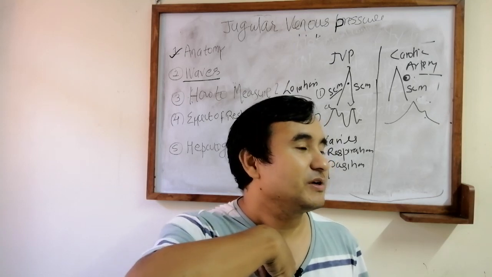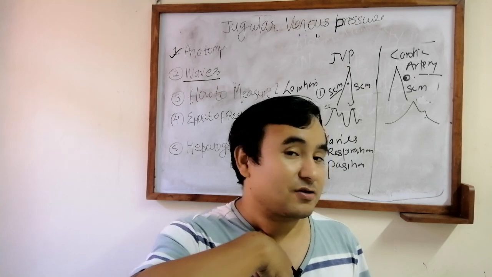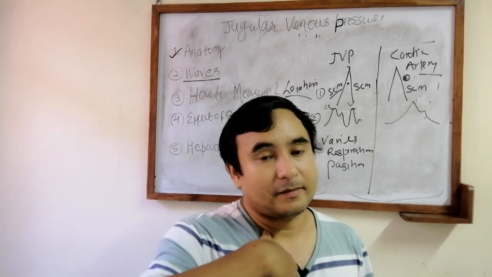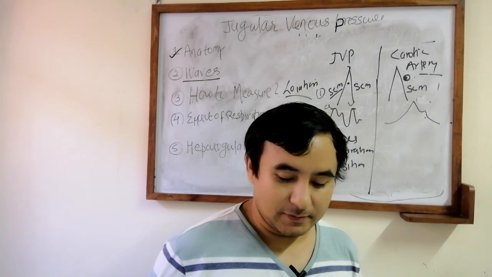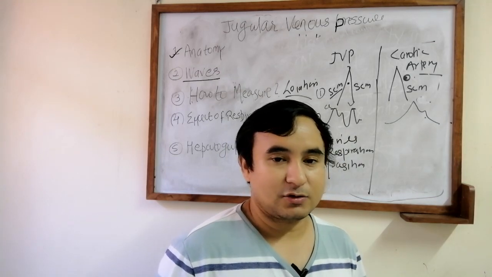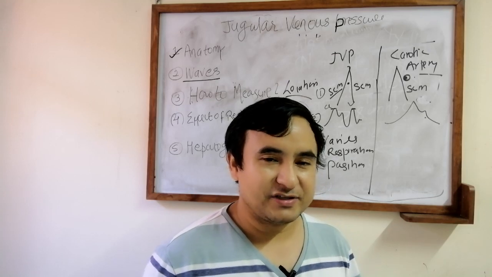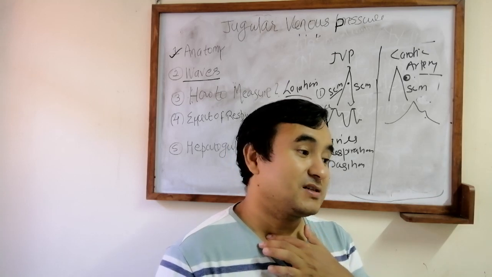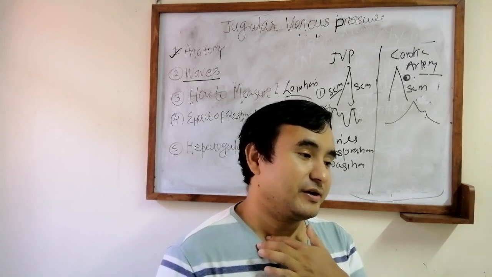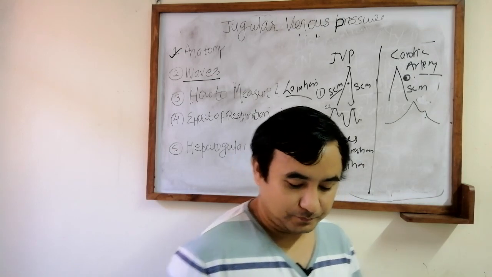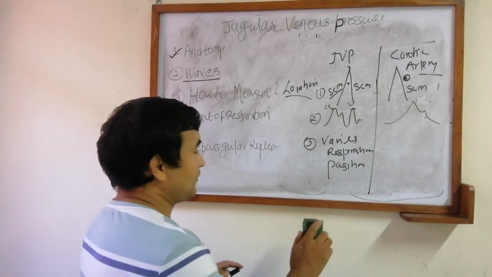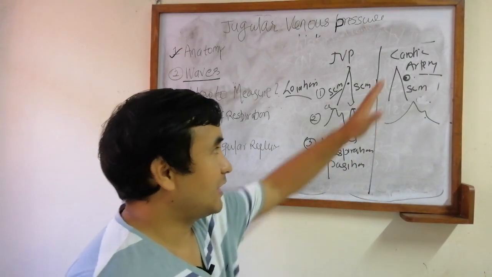If we press over there and the JVP pulse goes away, then you can say it is the JVP. If there is a pulsation even after pressing over here, then you can say it may be the carotid artery pulsation.